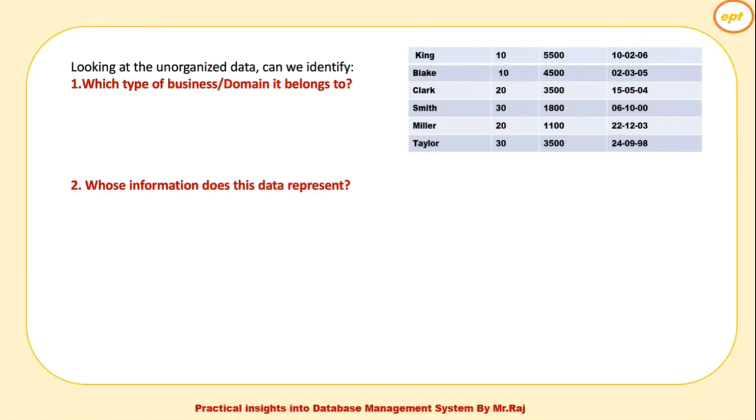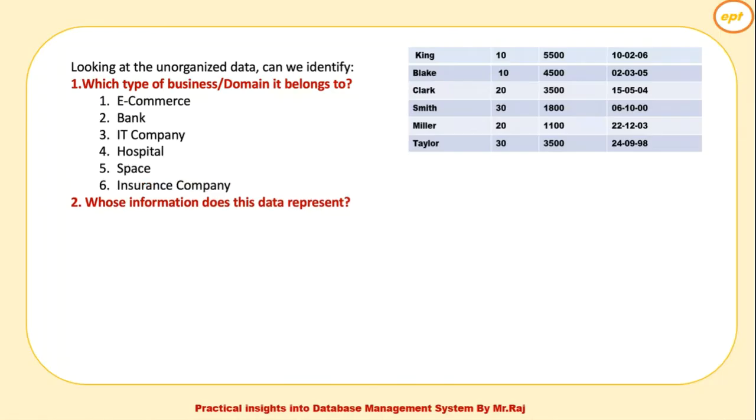I'll give you options also. Tell me the business domain of this data. Whether you are talking about e-commerce data, banking, hospital, insurance domain, or IT company related data. What is the domain of the data?